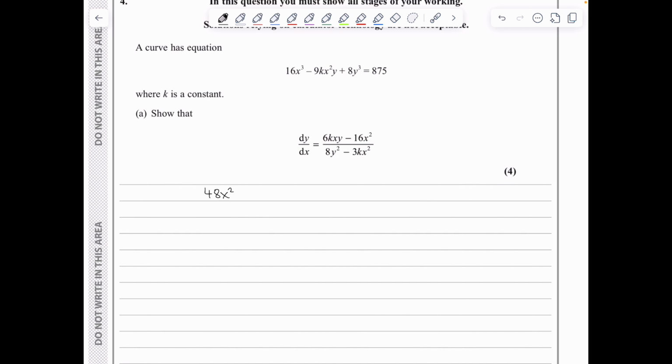And then for the derivative of negative 9kx squared y, I'll be applying the product rule. The derivative of negative 9kx squared is going to be minus 18kx, and I keep the y, and then I keep the minus 9kx squared, and the derivative of y is going to be dy/dx.